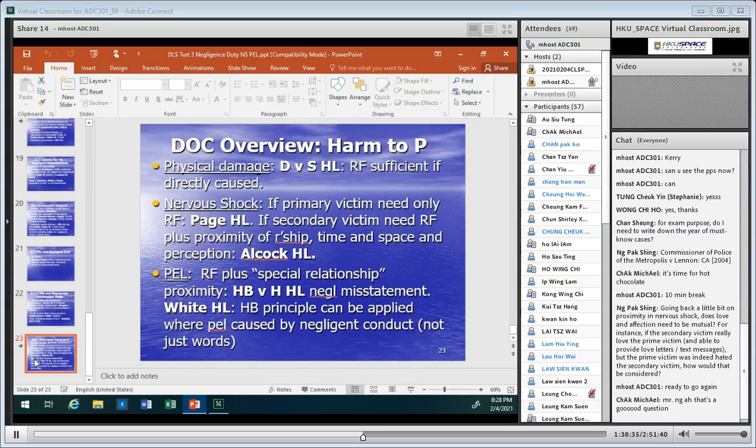Yeah? However, if you're not a primary victim and you suffer nervous shock, you'll be a secondary victim, and you need to show those elements of proximity. Proximity of relationship, time and space, and perception.